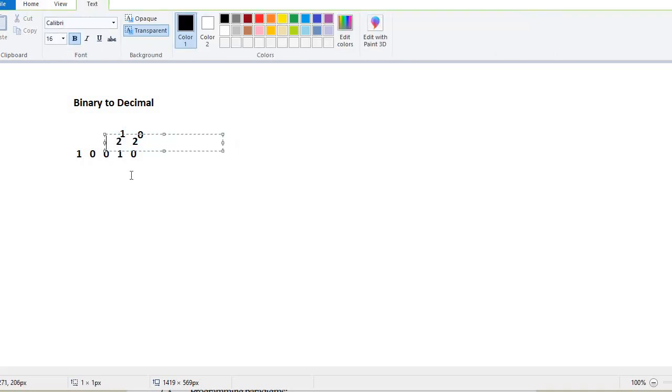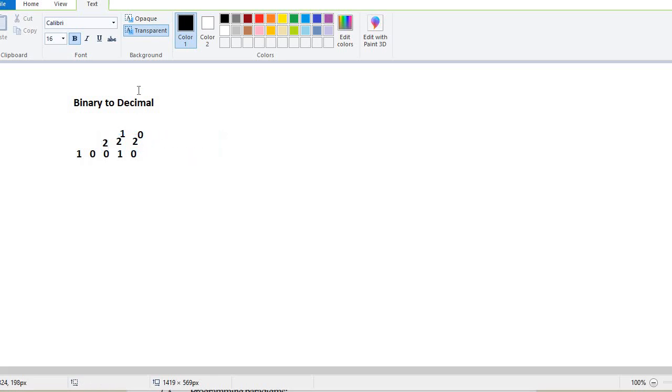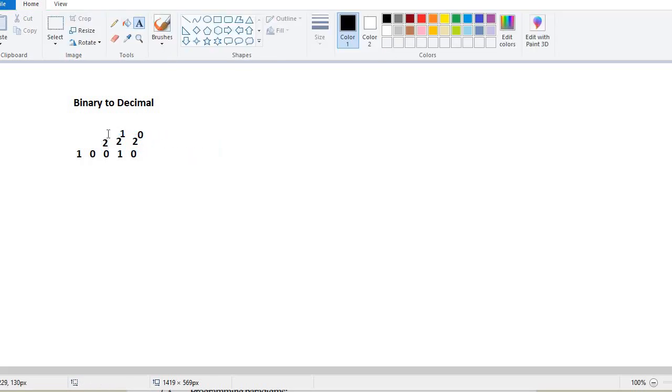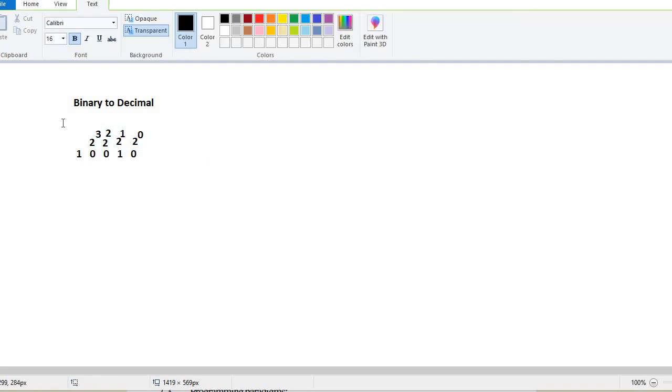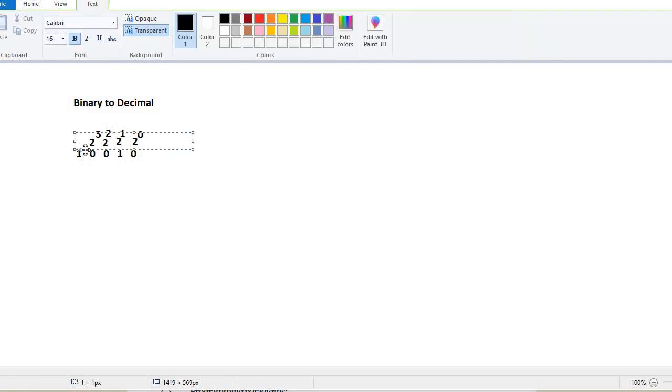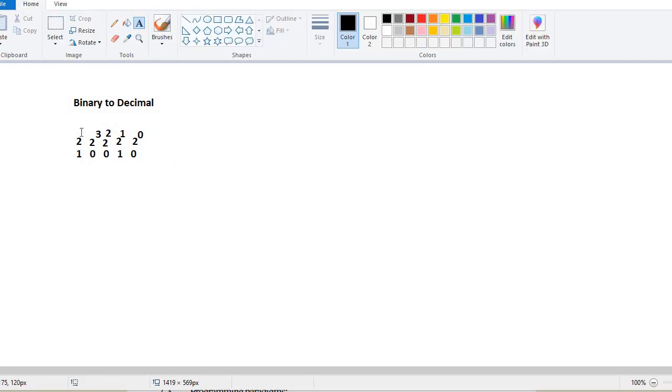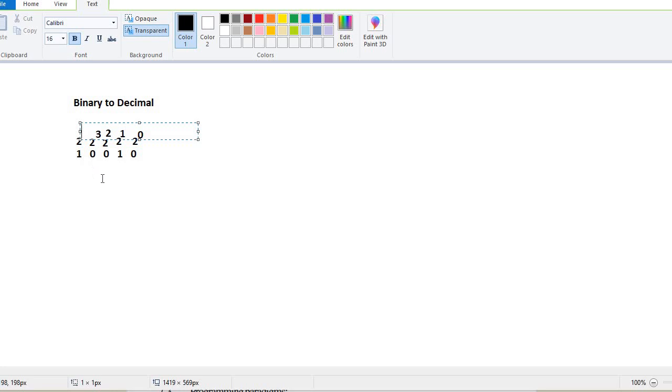Then here we will have 2 to the power 2. Again 2 to the power 3, and finally we will have here 2 to the power 4.